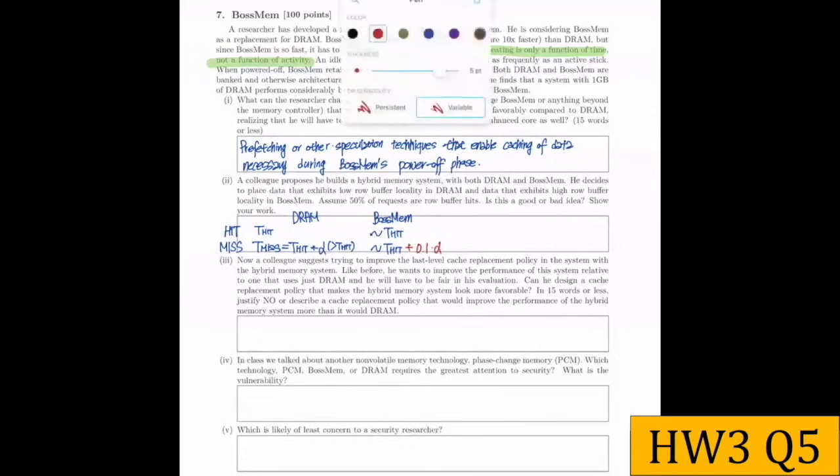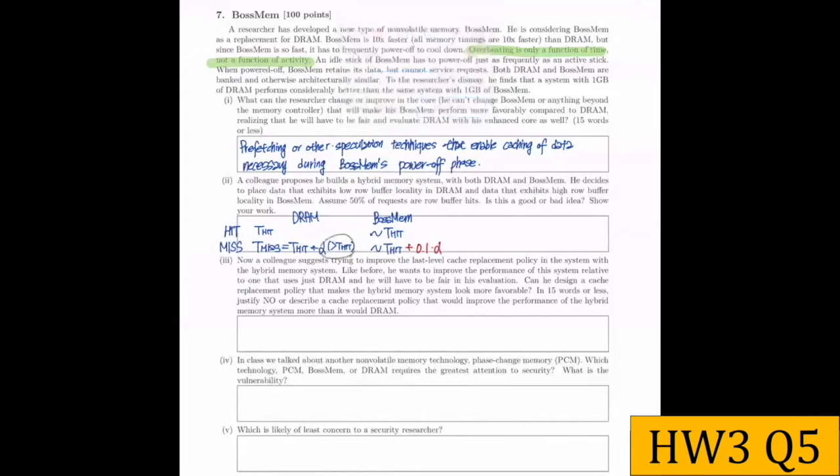So if we consider only the benefit of storing high locality data in each memory, BOSMEM's benefit is only 10% of that of DRAM, right? And also, during the power off phase of BOSMEM, we cannot benefit at all from storing high locality data in BOSMEM, right?